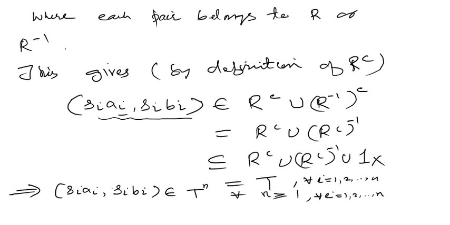From here also you can say directly that it is in RC. So this is in T^n, but if it is in T^n, then it will be in the union. This implies (s_i a_i, s_i b_i) belongs to the union of T^n, n running from 1 to infinity.